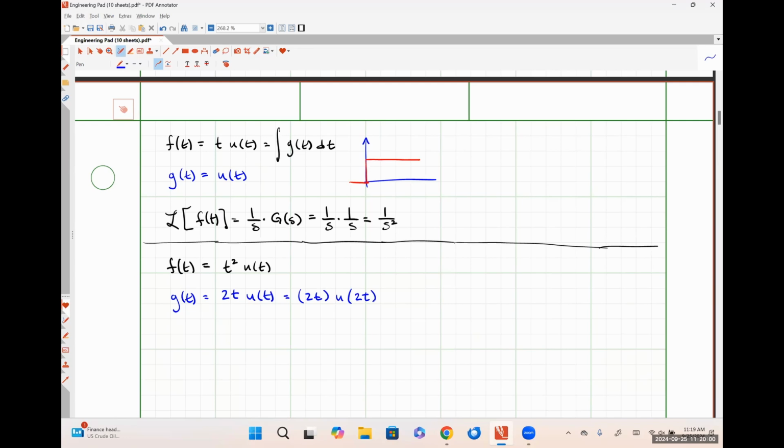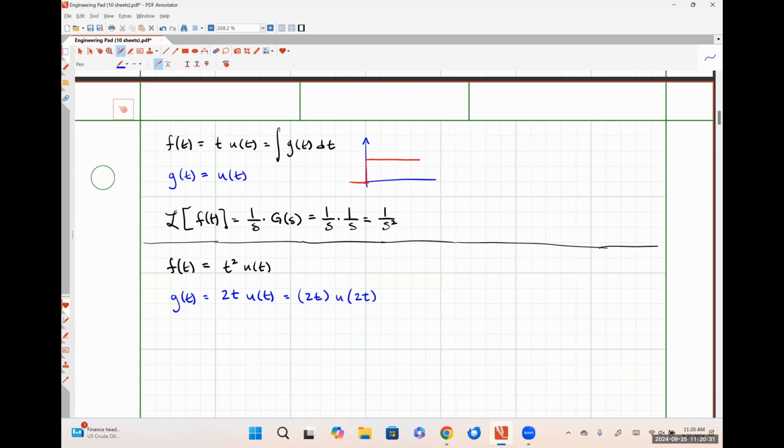So this 2t times u of t could be written as 2t times u of 2t, to make this variable the same thing as this variable, so that effectively I just have this guy again with my new variable as 2t, which would allow me to write my Laplace transform using my integral relationship.